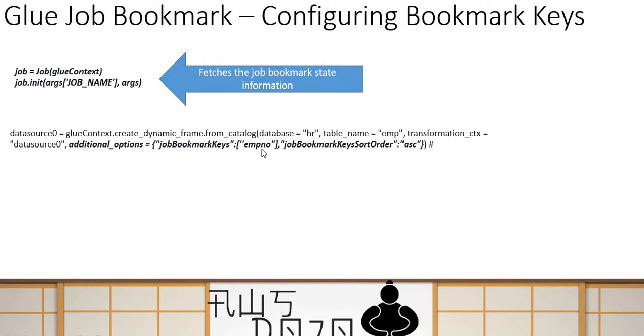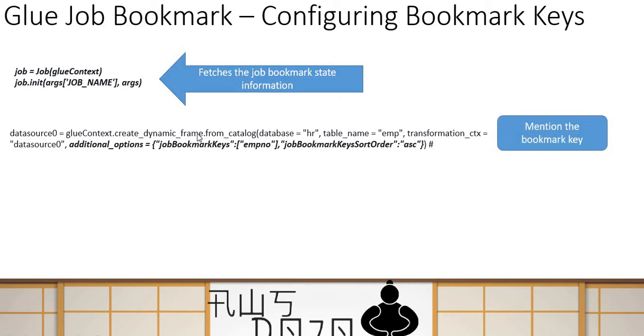I am going to use this employee number as a job bookmark key, and this employee number is in ascending order. Okay, so you know that your job bookmark key should be either ascending or descending data, and it can have gaps. So here is the second statement where we are mentioning the job bookmark key.